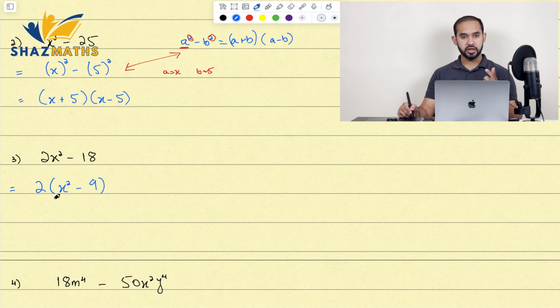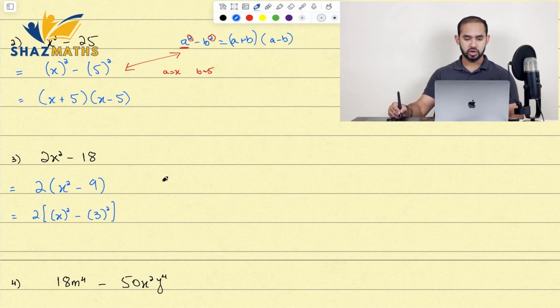The second step was, again, we will look out for the identity, and that identity is only applicable in case of two terms. We do have two terms, but we have to look if both of the terms are perfect squares or not. So x square is the square of x, and 9 is the square of 3. From here I get to know, okay, the value of a is x, you can see it over here, and the value of b inside the bracket, that is 3, right?